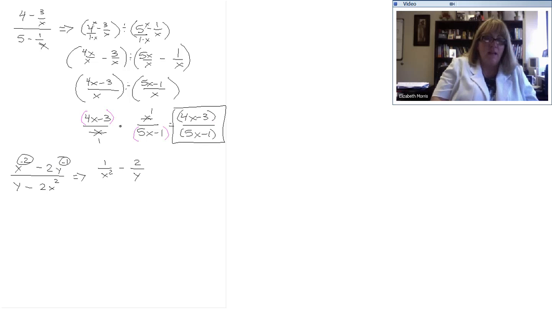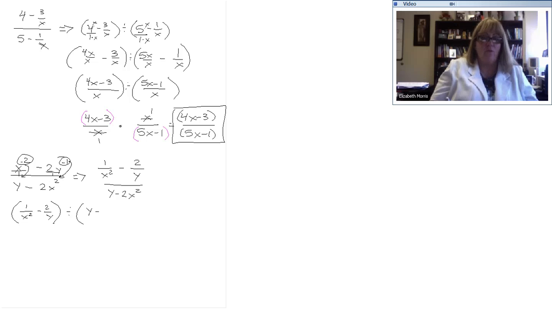Remember, anything with a negative exponent moves down. Right now it's in the numerator, so it goes down to the denominator. This is all over y minus 2x squared. So what I have is 1 over x squared minus 2 over y divided by y minus 2x squared over 1.